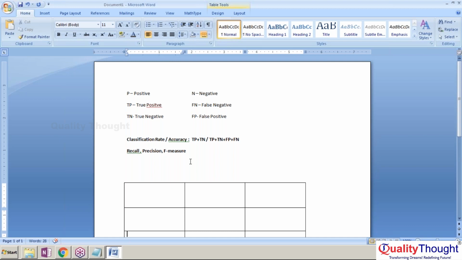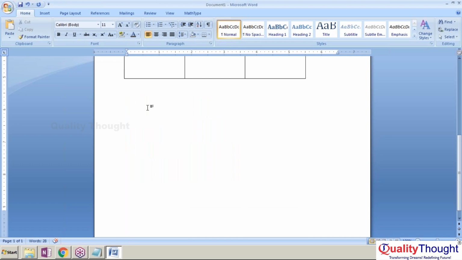We can even take different problems or examples. Here, let me go ahead with a manual example before I show you how it looks.